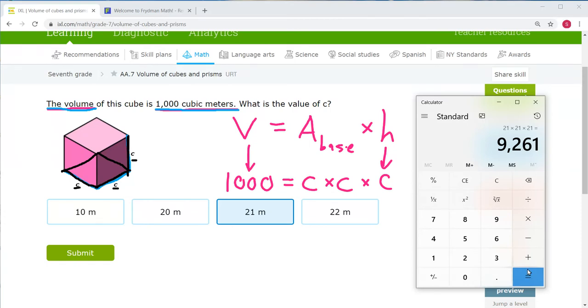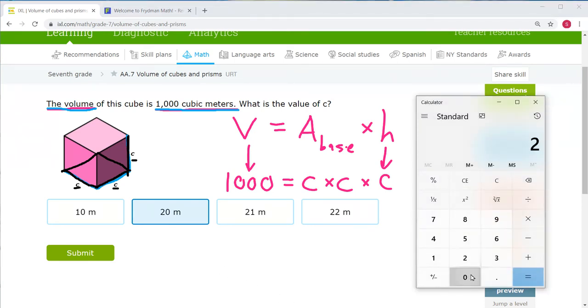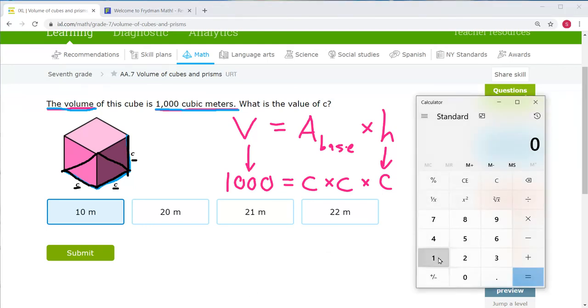Also no good. Maybe 20 would work. 20 times 20 times 20. Is that equal to 1,000? No. What about 10? Let's try that. 10 times 10 times 10 equals, oh, that is equal to 1,000.